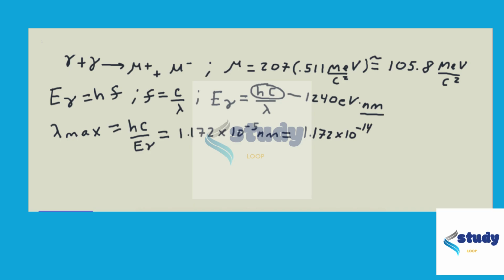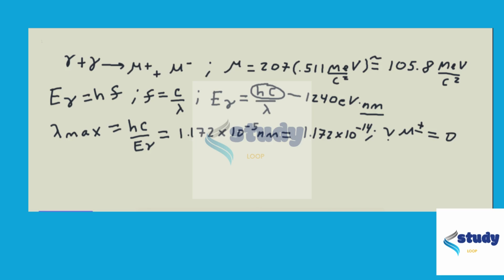Now this question basically says, what speed are the muons moving if you have this wavelength for the photons? For the minimum case, all the energy that the photons require is used to produce the muons. So for this wavelength, the velocity of the muons is equal to 0.